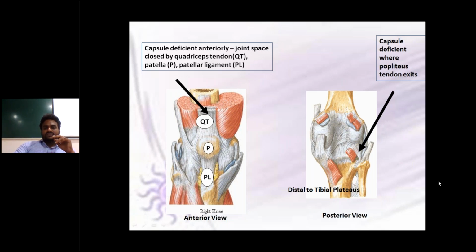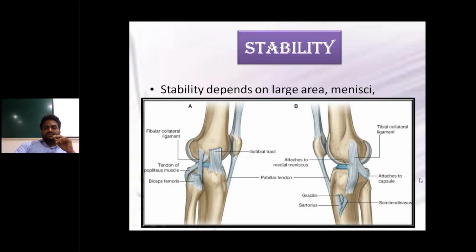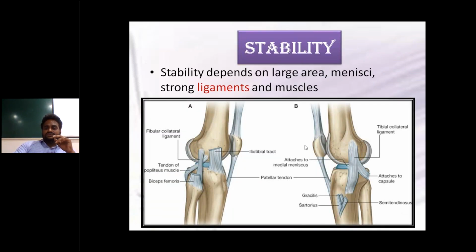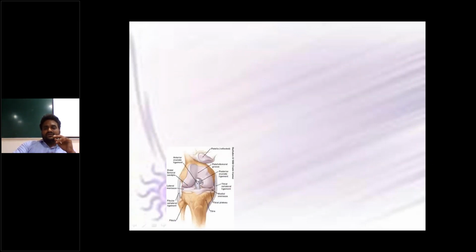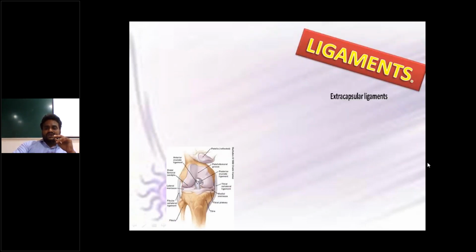So I'm talking about the capsule. This joint is mainly supported by the ligaments and also menisci, with large articular surface areas. And the most important one next is the ligaments of the knee joint. There are two types: extracapsular ligaments and intracapsular ligaments.